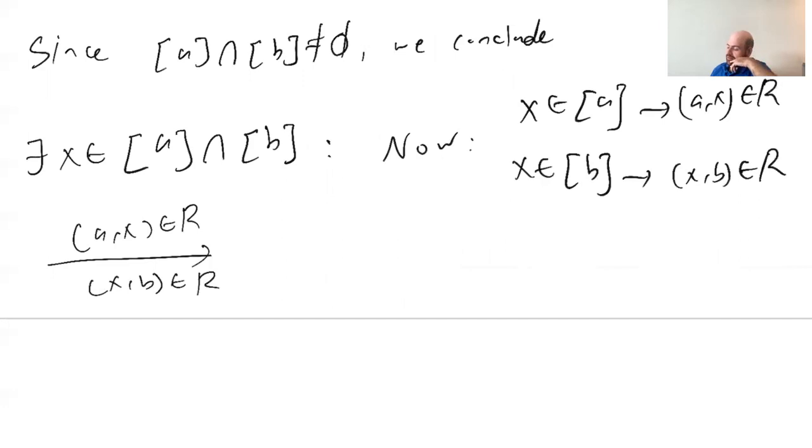See, (A, X) is in R, (X, B) in R, and R is transitive because it's an equivalence relation. So I can conclude that (A, B) is in R because R is an equivalence relation and therefore transitive.